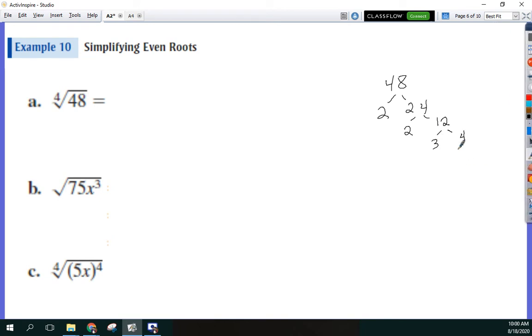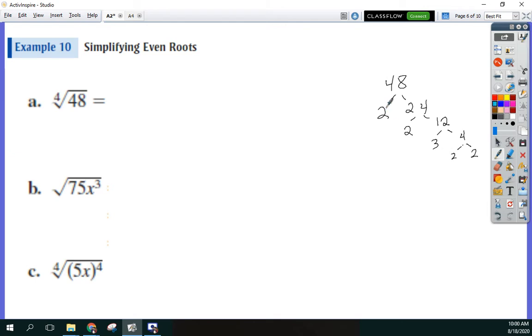And then lastly, 4 can be divided into 2 and 2. Because we're looking at a fourth root, remember that exponents and roots are inverses. And so we want to try and find something that can be written as the fourth power, which means that we're trying to find 4 things multiplied together.